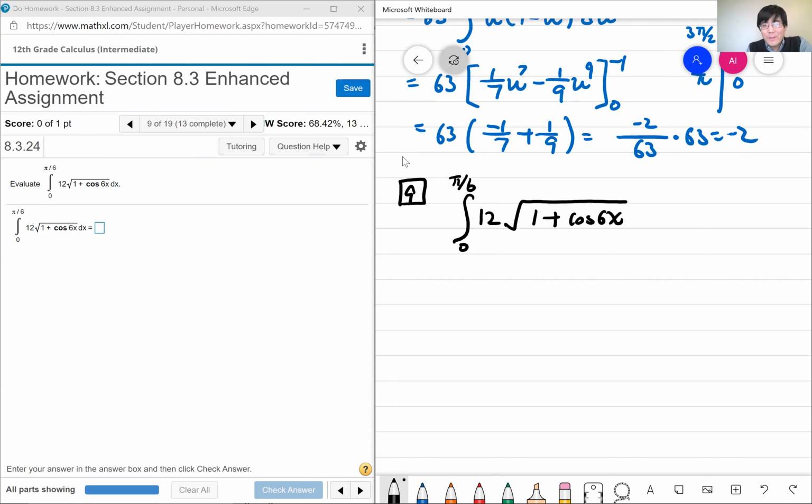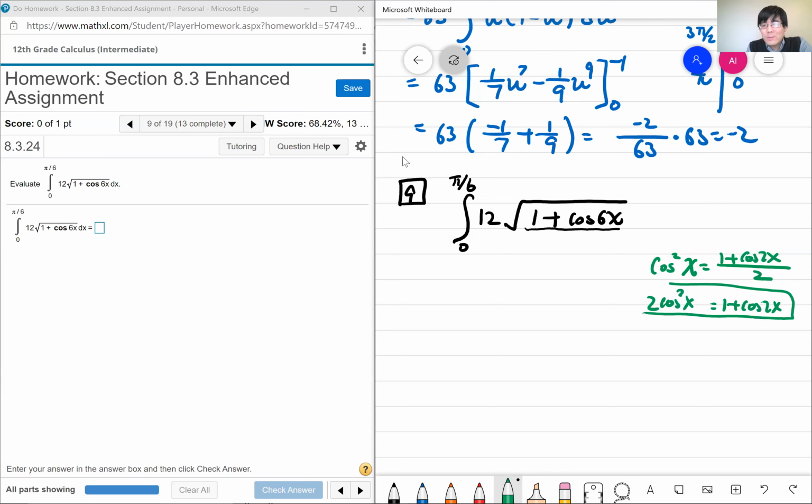We are going to eliminate the square root sign by rewriting this one into squared form. How we do this? Well, cosine square of x is equal to 1 plus cosine 2x over 2. So 1 plus cosine 2x is equal to 2 times cosine square x. That's what we are going to use.